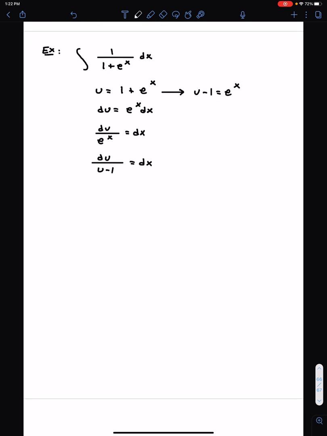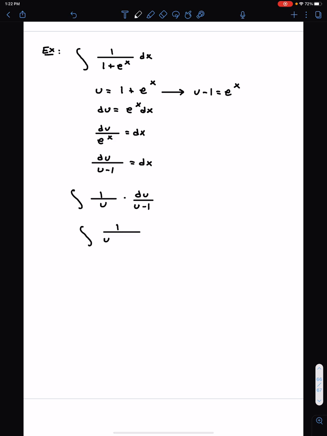So the integral will turn into 1 over 1 plus e to the x is u times dx, which is du over u minus 1. So now I can set up the partial fraction decomposition.